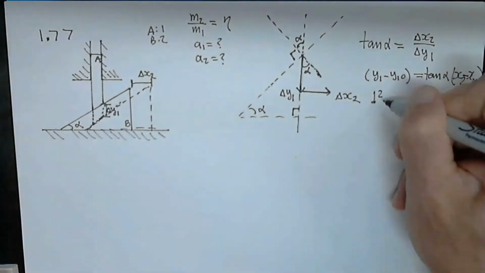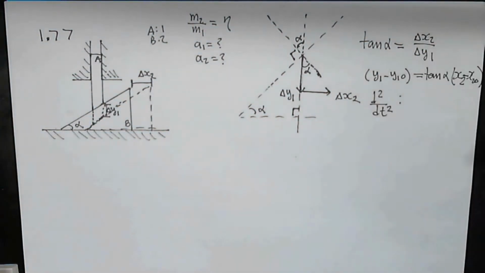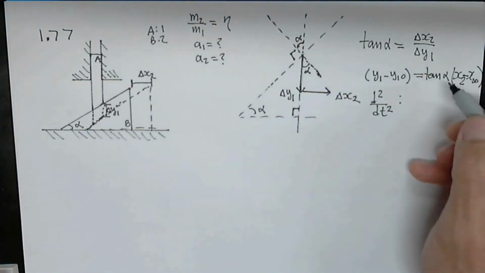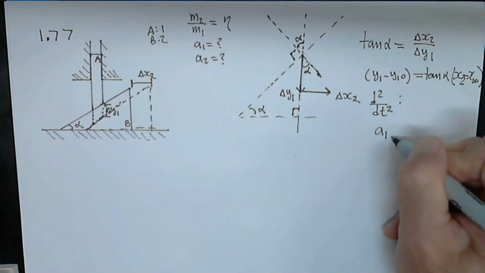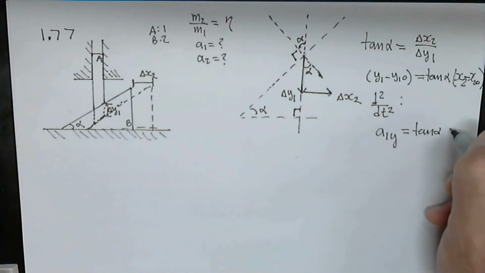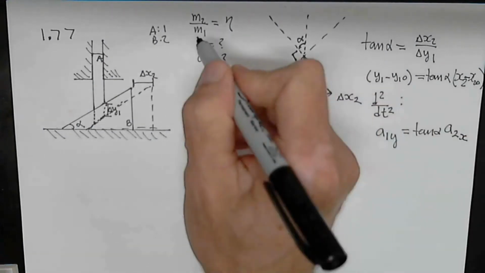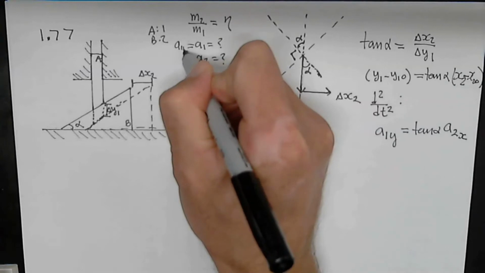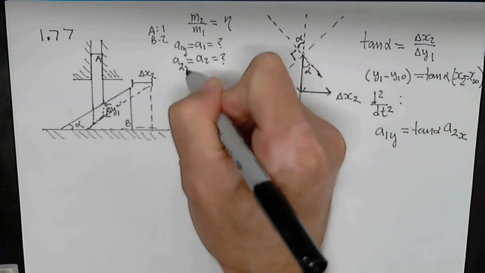Now if you take two derivatives of this equation, the initial positions are constants and tangent of alpha is a constant, so you get a1 in y equals tangent alpha times a2 in x. The acceleration of the rod is only in the y-axis, and the acceleration of the wedge is only in the x-axis.